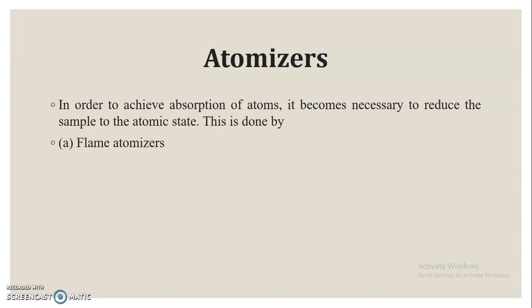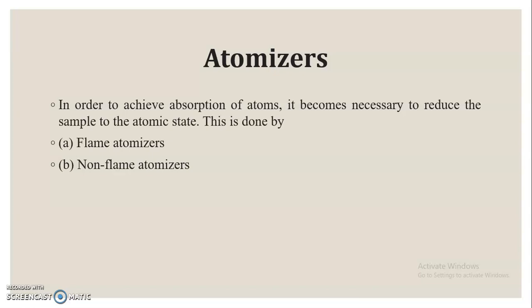Two different types of atomizers are used: one is the flame atomizer and the second one is the non-flame atomizer. Here we are going to discuss the flame atomizers because they are the most widely used atomizers in atomic absorption spectroscopy. A few of the flame atomizers we have already discussed in flame spectroscopy. The same atomizers are used in atomic absorption spectroscopy also.